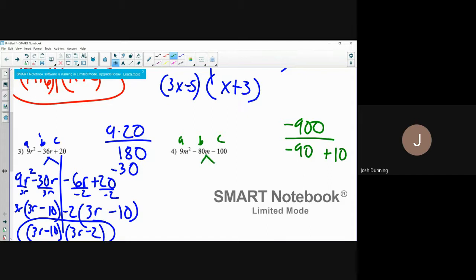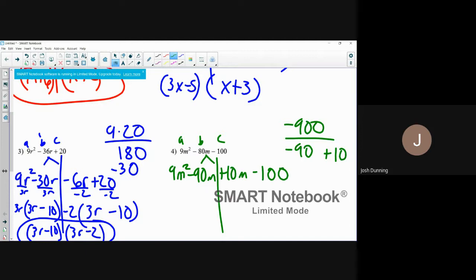This time, we can help ourselves out. I'll put the minus 90m first, and then the plus 10m second. That way, we have plus minus, then plus minus. It's not a big deal if you don't do that, but just one less spot you can make a mistake.